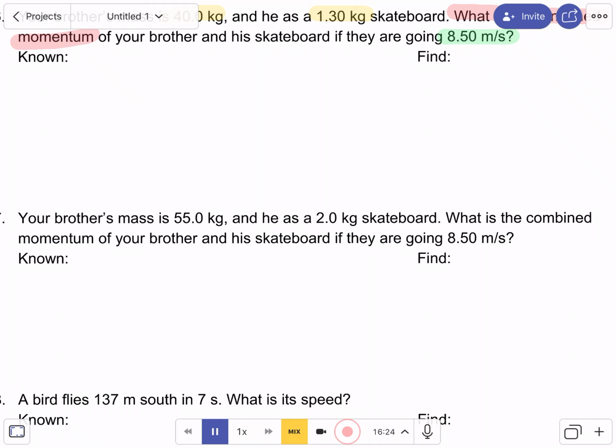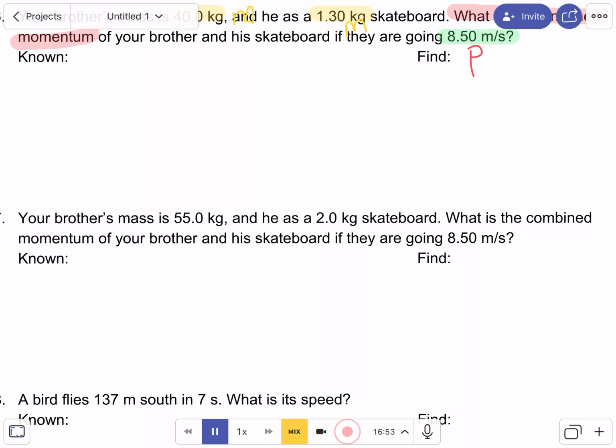So we are going to label this. What is the combined momentum? So we are looking for a P. We want a momentum. And then at the beginning it says your brother's mass is 40 kilograms, so let's call that a mass, and I have to write it over the problem. And then here, his skateboard is also in kilograms, so that's also going to be a mass.